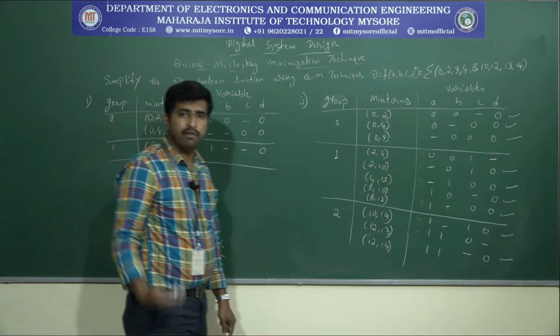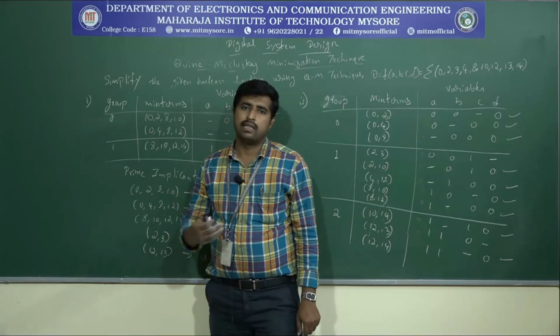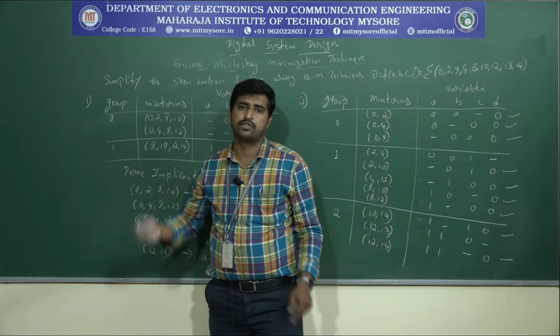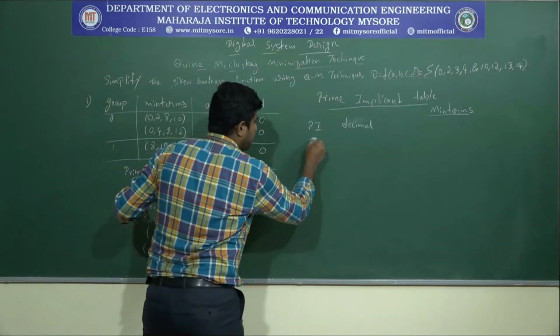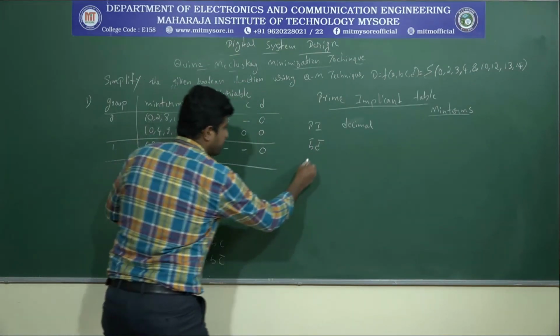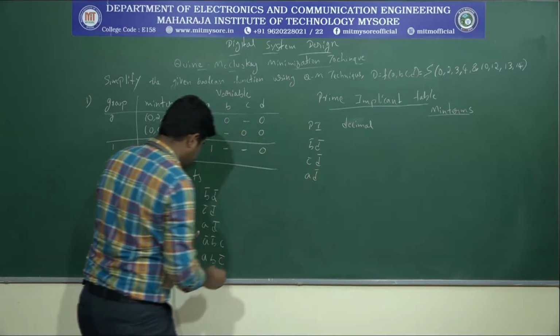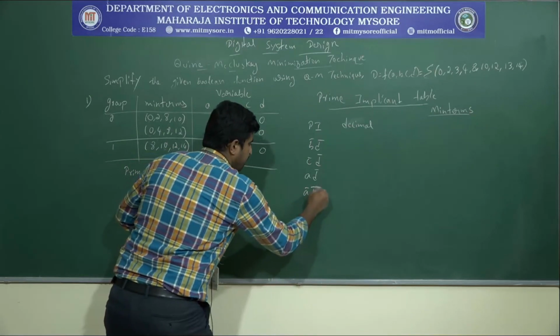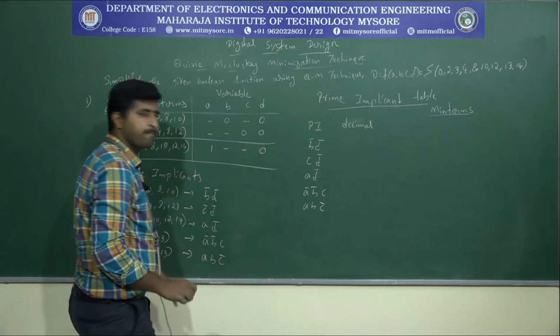Now, when we are writing the simplified equation, we need to identify which are the essential prime implicants and which are the not-covered prime implicants. Let's create the prime implicant table. So B bar D bar, next C bar D bar, next A D bar, next A bar B bar C, next A B C bar.